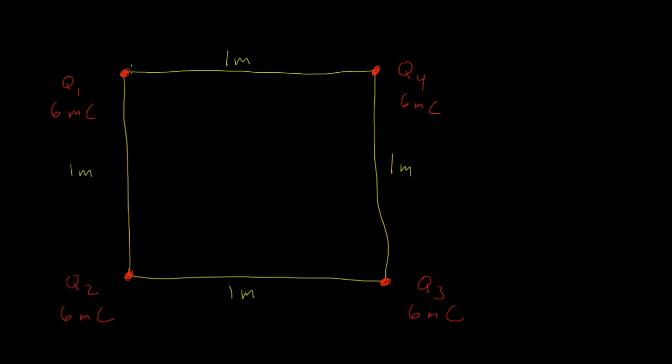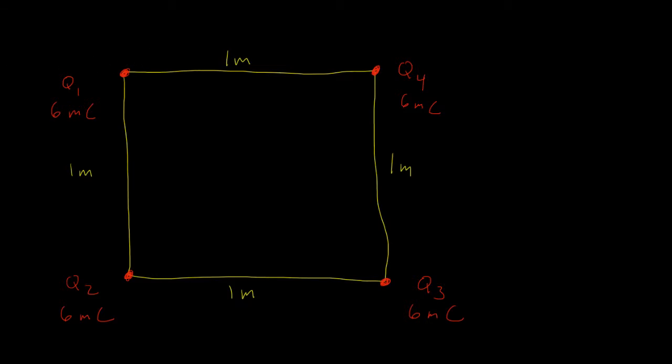Now, in previous problems, we worked with more than one charge, but they were all in a straight line. So that was a one-dimensional problem where left and right was the only way we could go. But now we have a square, so this is a two-dimensional problem. We have left and right and up and down. So when we go to sum our forces, we need to make sure that we sum them as vectors.